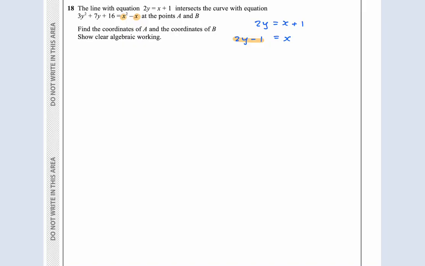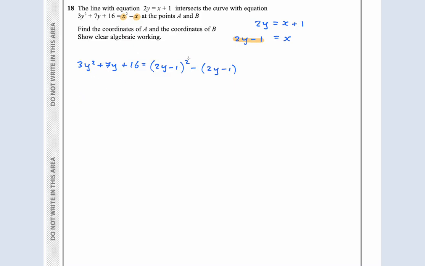So it's 3y squared plus 7y plus 16 equals, instead of x, 2y minus 1 squared, because that's squared, minus brackets 2y minus 1. Brackets, very important here, guys, because that's minus 1 here.